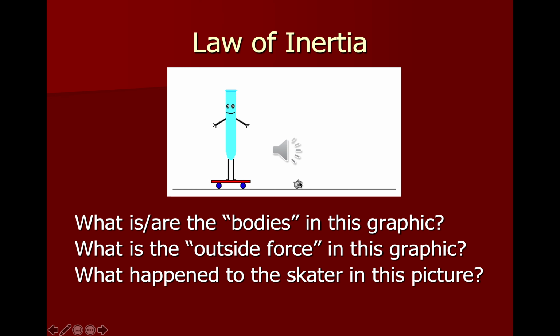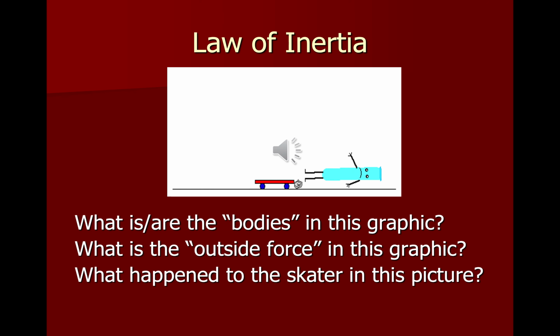And so, because of the inertia, because these two objects or bodies were moving forward at a certain speed, what happens to the skater? The skater is not attached to the skateboard, and therefore his inertia propels him forward, correct? Now, according to Newton's laws, he should really keep going in the forward direction at the same speed forever.